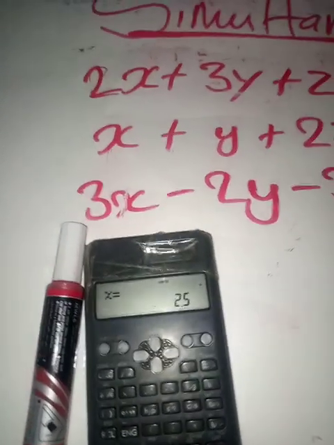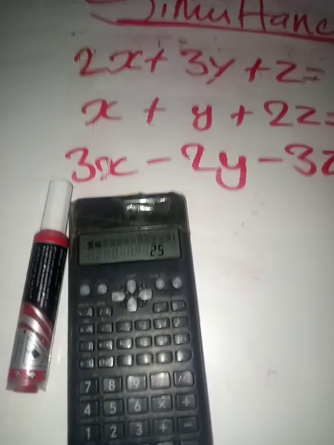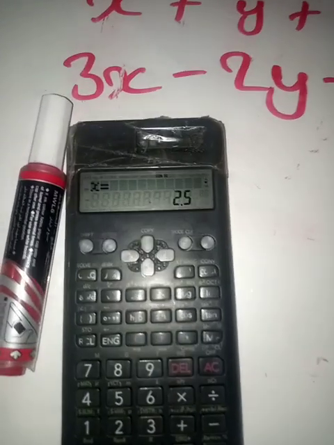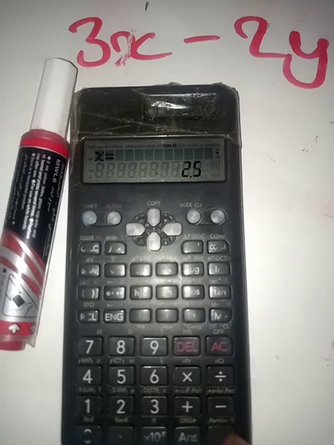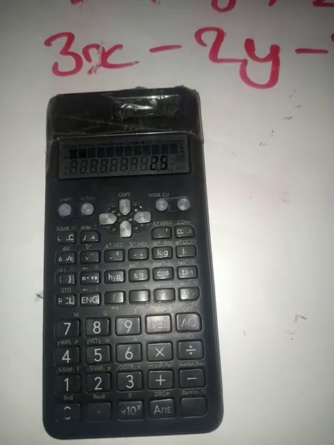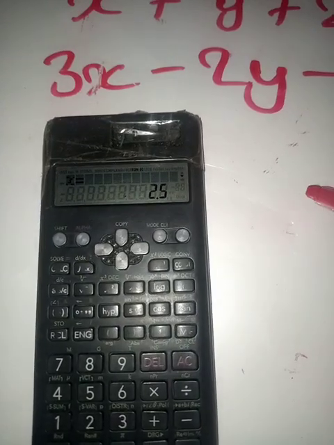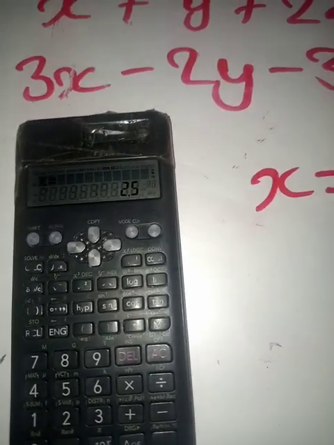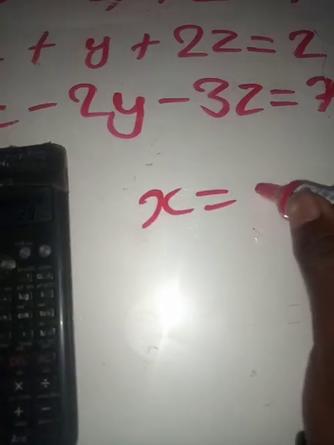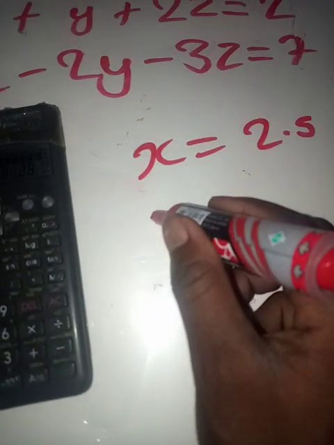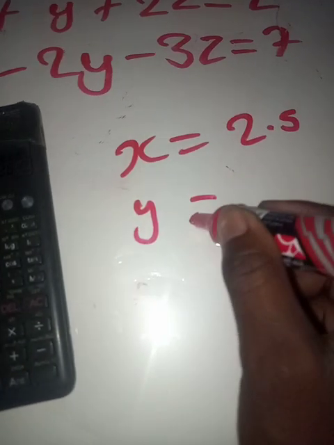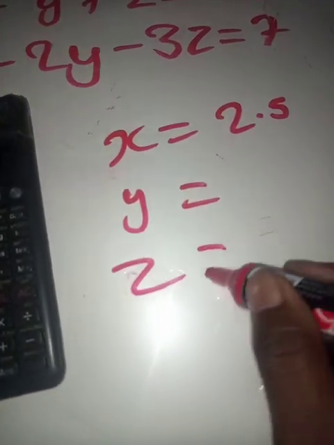So we're saying that our first value, x, is equal to 2.5. You can actually prove this. In short, x is equal to 2.5. Then what is our y? Then I've got z.